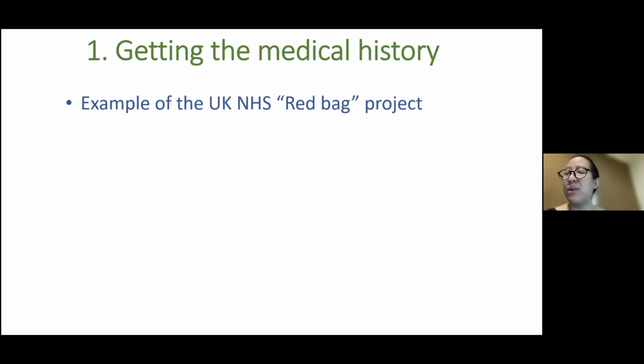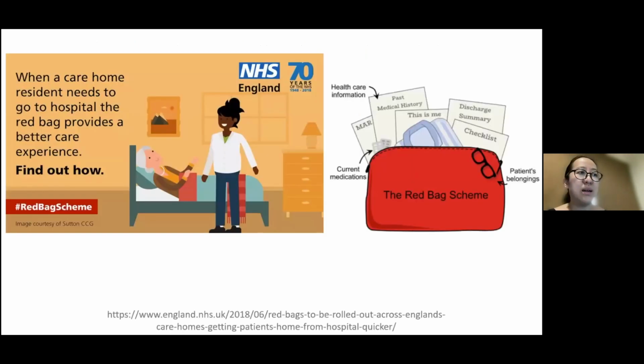And there's an example from the UK. The National Health Service has launched a red bag project. Every resident in nursing homes and long-term care facilities has this red bag that includes the list of medication and all the past medical history, and about a 2-page document of the identity of the patient: what they like, what they don't like, what they like to be called, the history of their life.